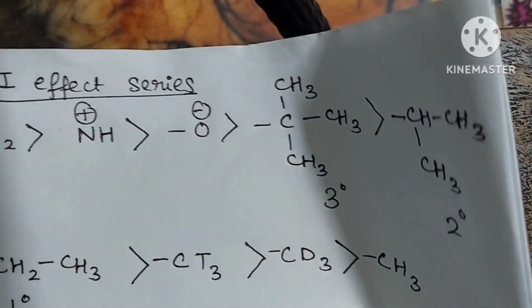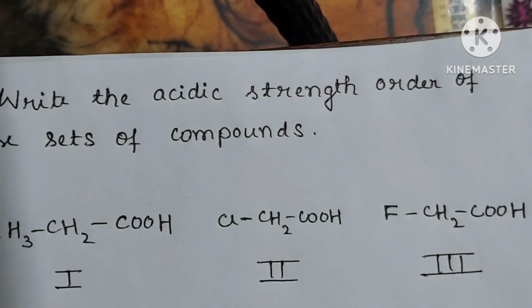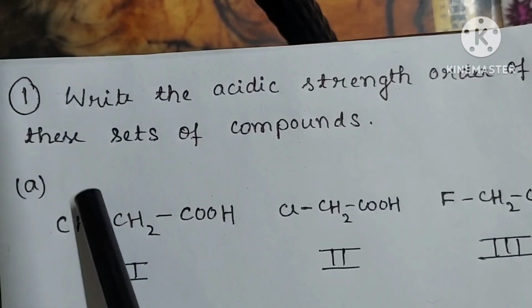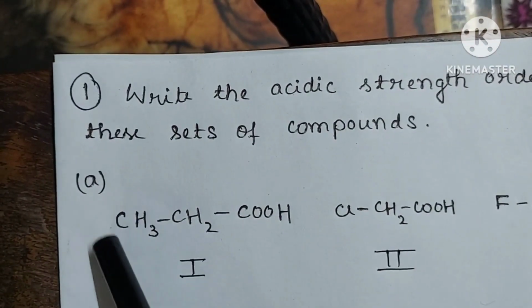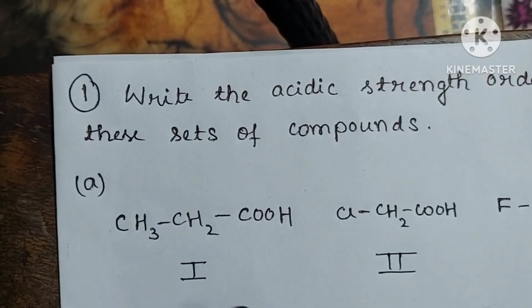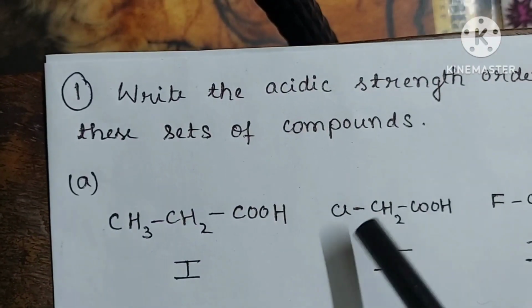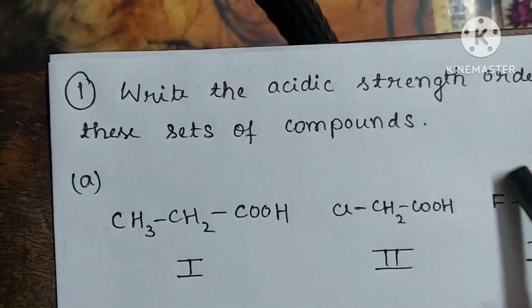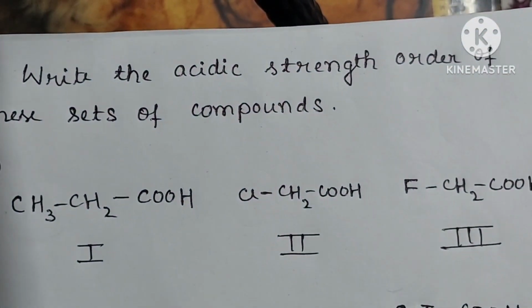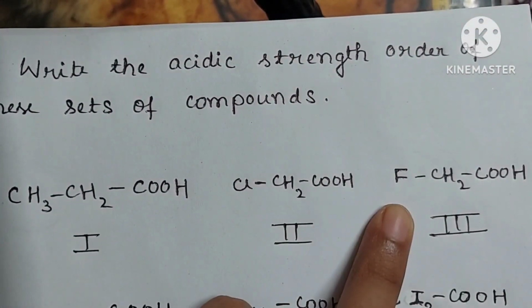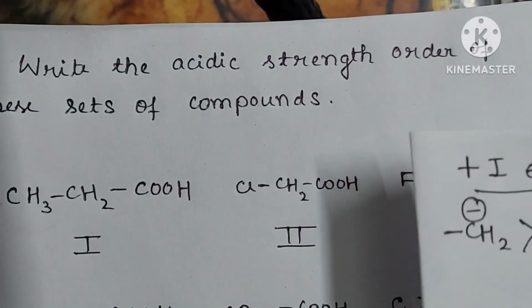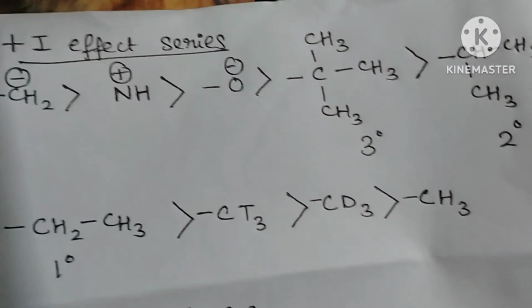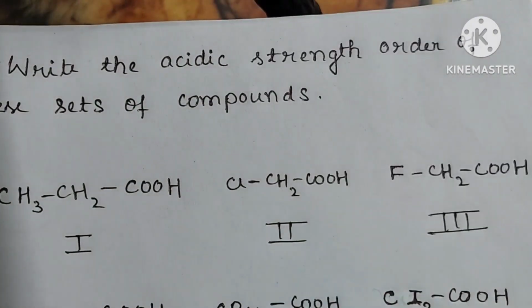Whenever we will see groups containing CH3 or CH2, that means plus I effect will be there. So here CH3 will be having plus I effect, and here then chlorine, and here then fluorine, okay. Now among chlorine and fluorine, we know both of these will show minus I effect, okay. Both of these will show minus I effect.